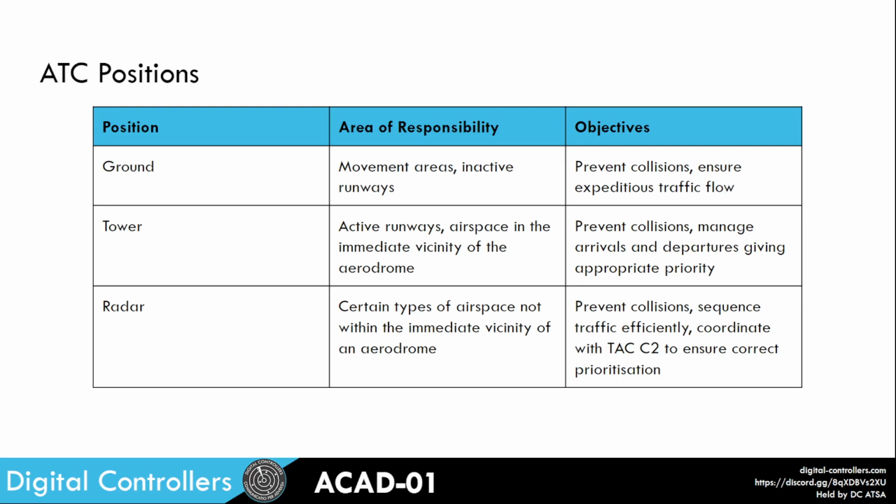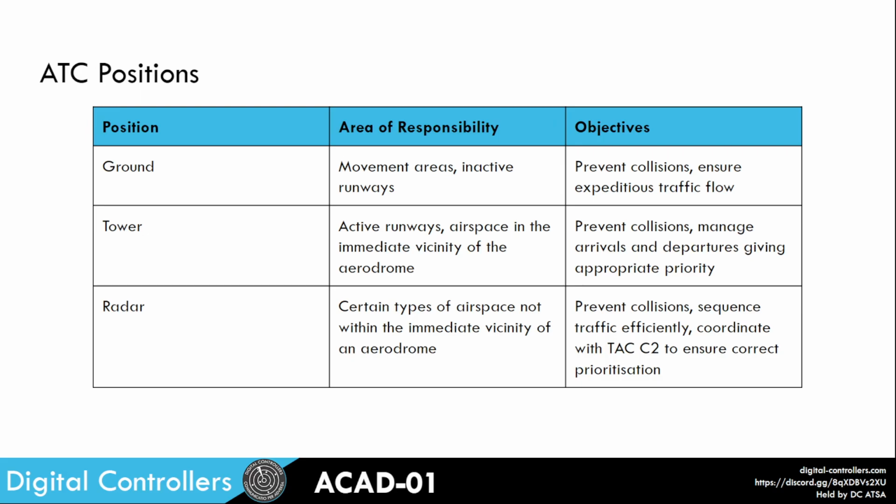Then we have the tower controller, who is responsible for effectively the border between the ground and the air. So this includes active runways, so runways which are being used for takeoffs and landings, and the airspace which is in the immediate vicinity of the aerodrome. So these are the controllers who would be giving takeoff clearances and landing clearances.